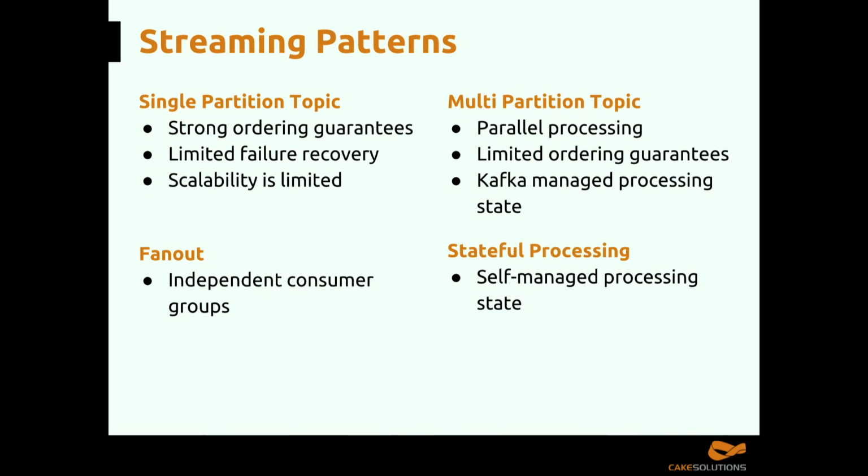Although, picking up the work of a failed consumer node becomes the responsibility of the consumer application or the orchestration service. On the other hand, in the multi-partition mode, by increasing the node and partition count, you can achieve massive bandwidth at the cost of strict ordering guarantees. That is, you can only guarantee the ordering by partition and not the topic as a whole.